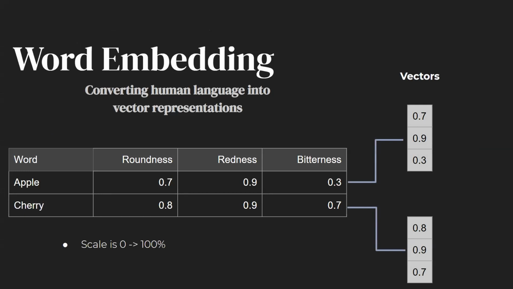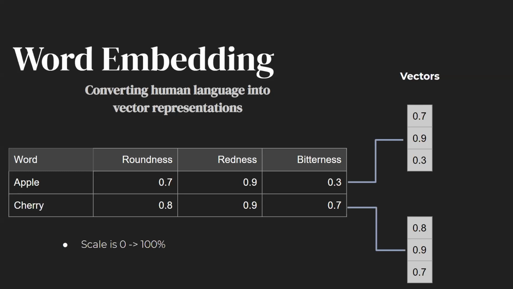And again, to better understand word embedding, we provide an easy example comparing apple and cherry with 3 different features on a scale from 0 to 100%. So when you see 0.7, it means 70%.